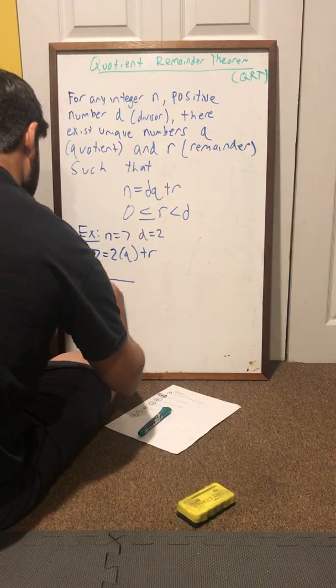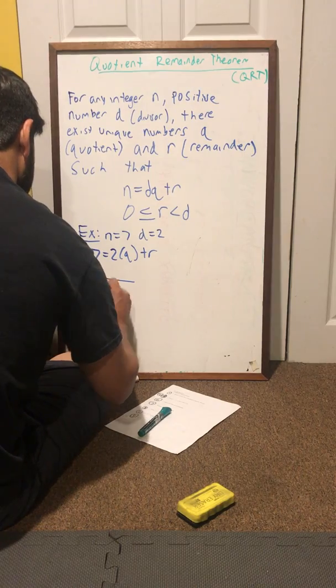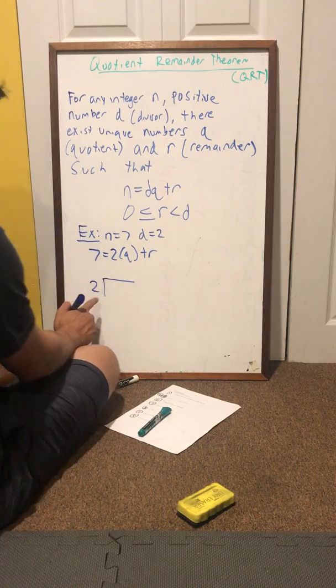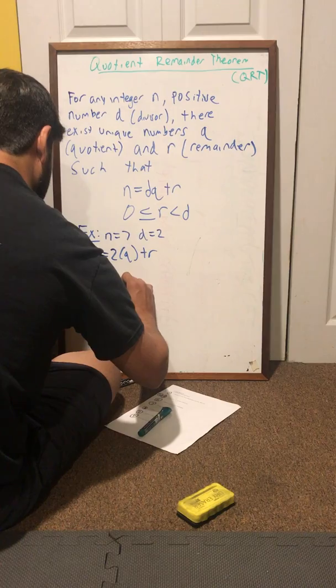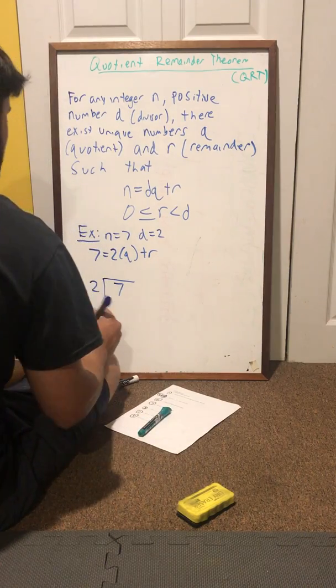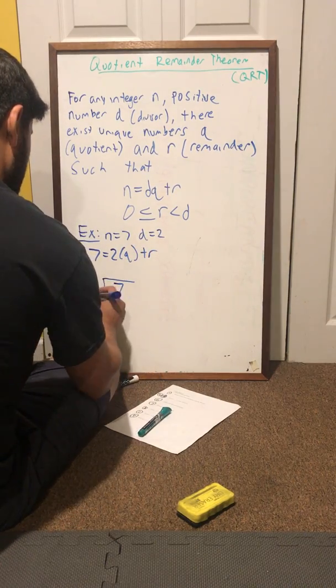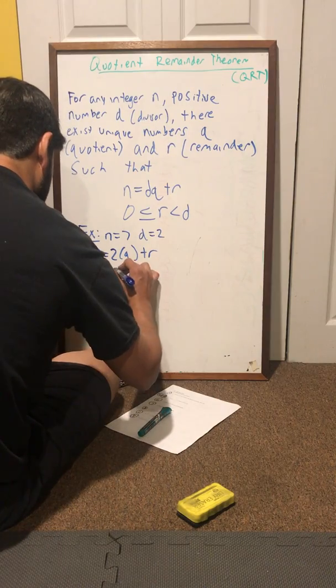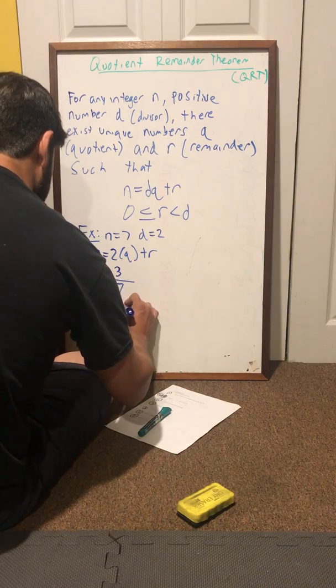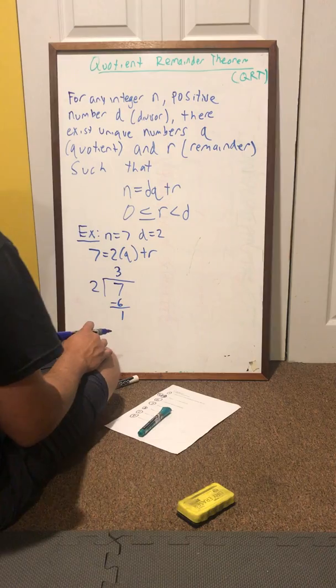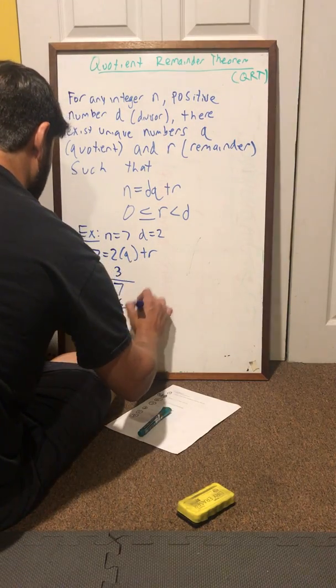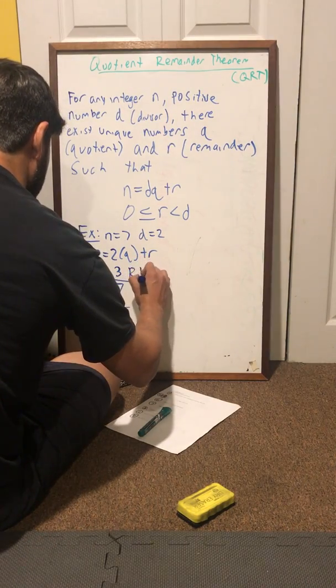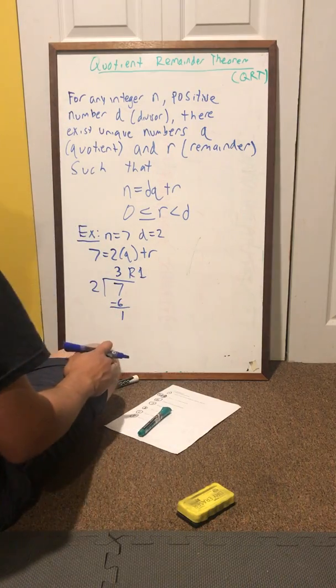So we have our divisor, 2. Our dividend is 7. Then we're going to say, 2 goes into 7 3 times. Minus 6 equals 1. So we bring this 1 up as a remainder of 1.